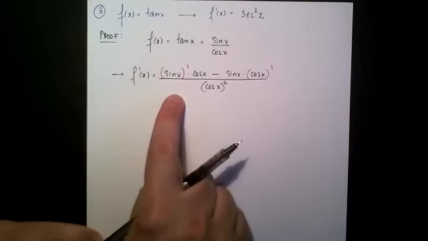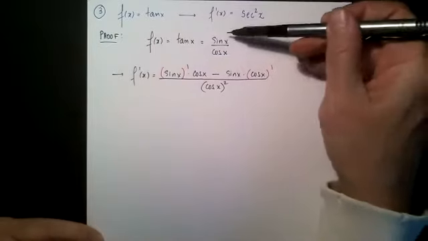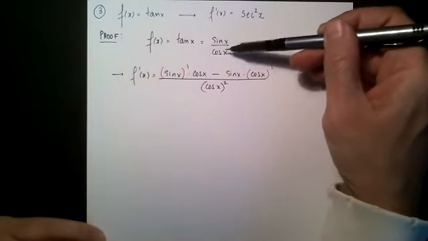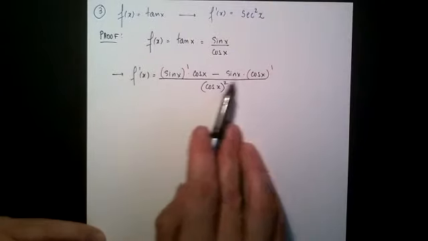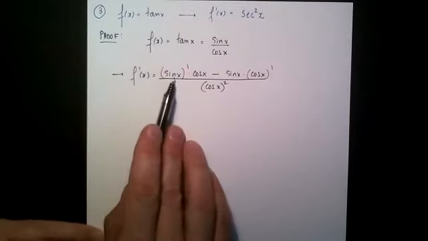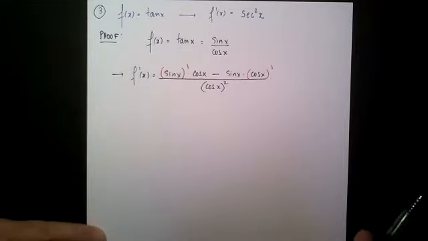Who's got questions on what I just did here? Okay, so again, first thing I did, I noticed that tangent is sine over cos. Since it's a division, I'm going to use the quotient rule. And now this is good because I showed that the derivative of sine is cos, and the derivative of cos is minus sine. So I can now replace everything.